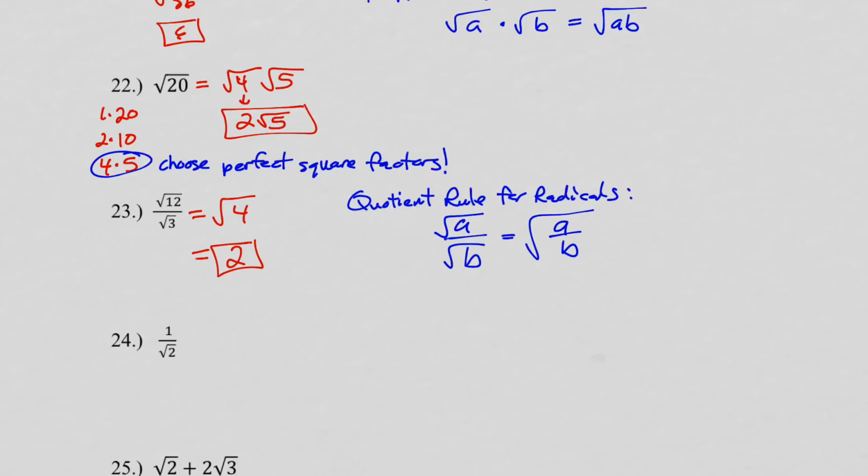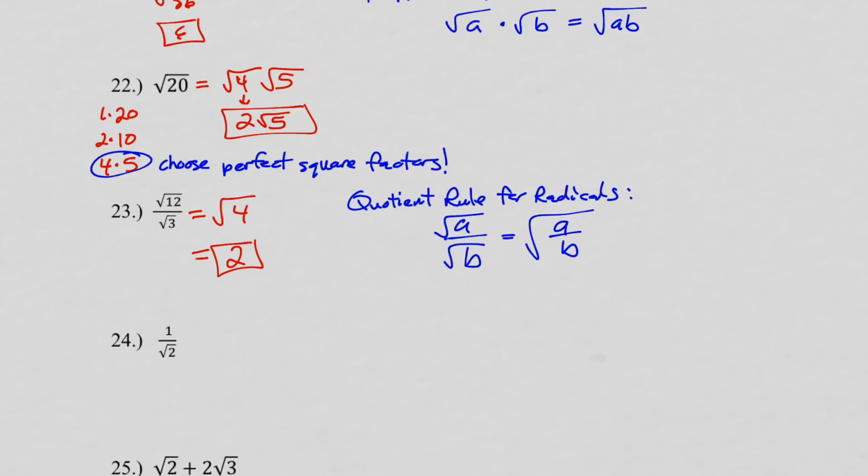You want to choose the one that has a perfect square. Right there we have 4, which is a perfect square. The square root of 4 is 2, and then you just bring that down, okay? And so our answer is 2 times radical 5, or 2 radical 5.